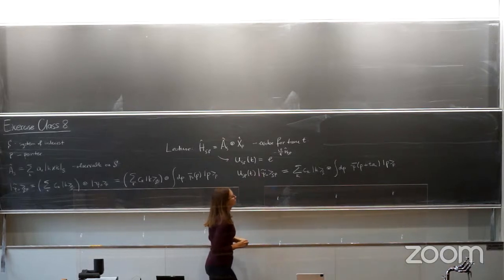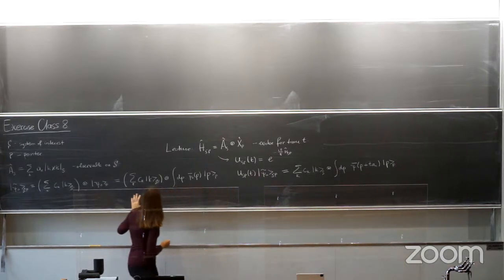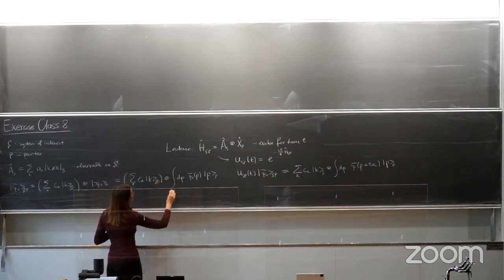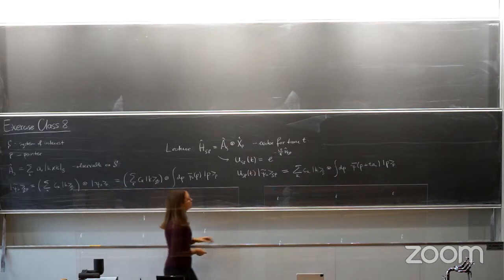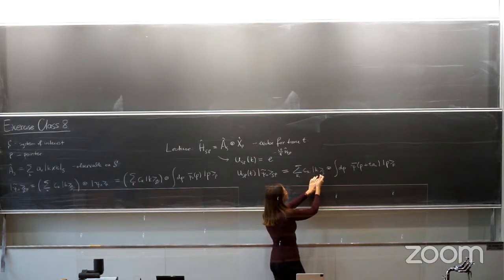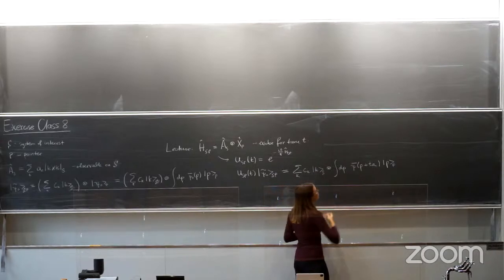So as you see, the difference here is that here we have the state tensor product with this and they're separate, and here we have the sum over k of the tensor products between the k-th state in the system S and then the shifted momentum function.